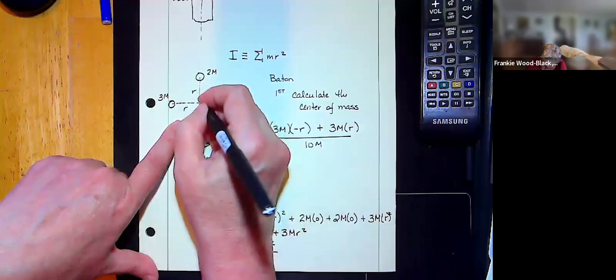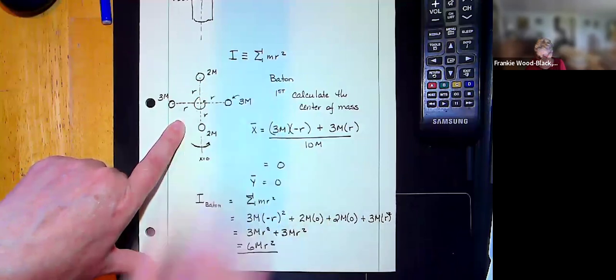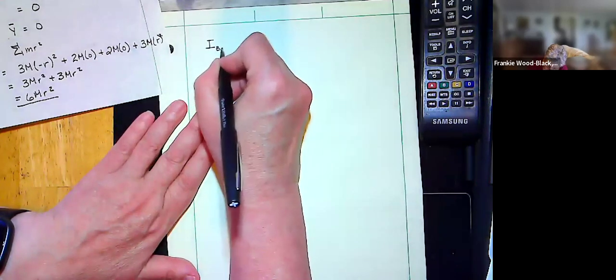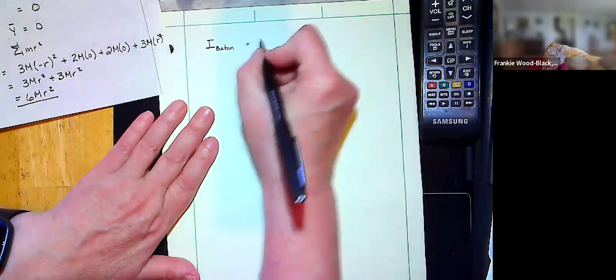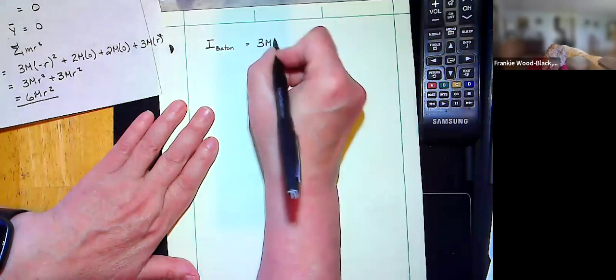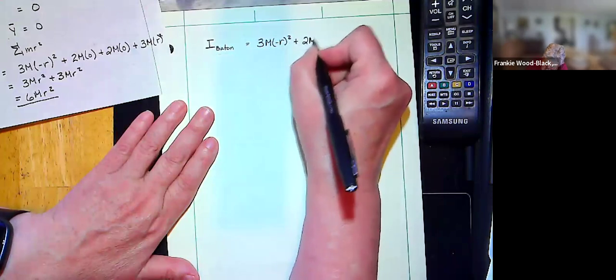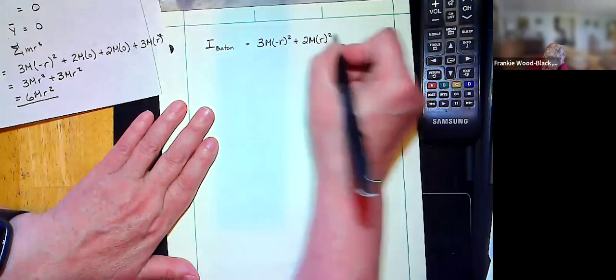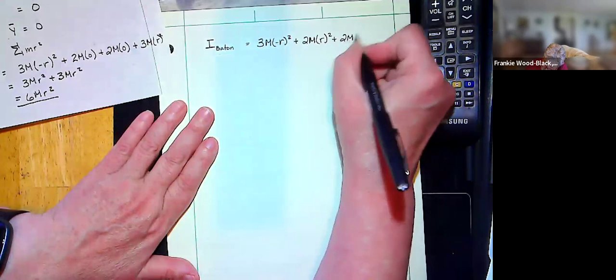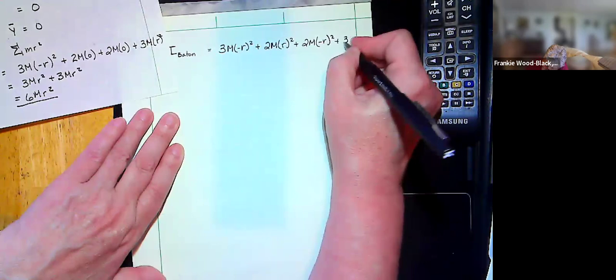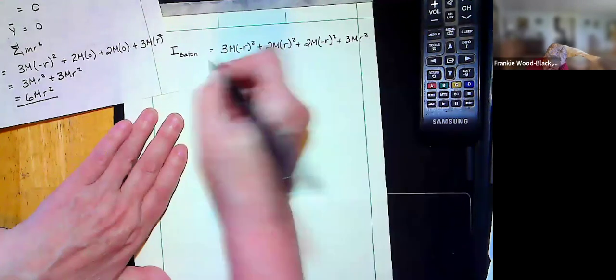But what happens if I rotate it around this axis? Well, I'm going to follow the same pattern. My moment of inertia of the baton about that axis is going to be my 3m at minus r squared plus my 2m r squared plus my 2m at minus r squared plus my 3m r squared.